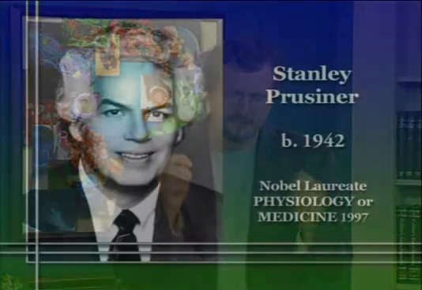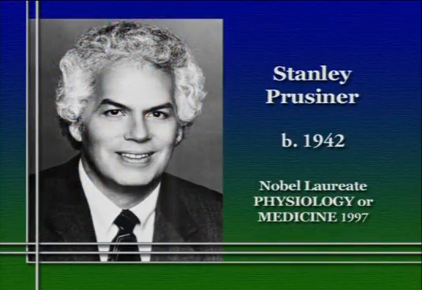Then, Stanley Prusiner, only a few years ago, identified a particular kind of protein, which he named a prion, that occurs in one shape in infected brain tissue and in another shape in uninfected or normal brain tissue.